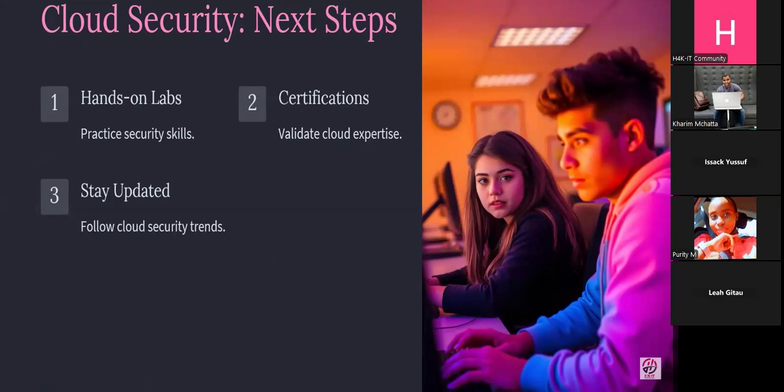So what are some of the next steps that you can do to stay ahead? You need to practice security skills. There are different labs out there. For example, right now, there's a lab called Pond Labs. It deals with cloud. It deals with Google, Microsoft, and AWS. And at the moment, I've enrolled in a Google hands-on lab. It's a boot camp.